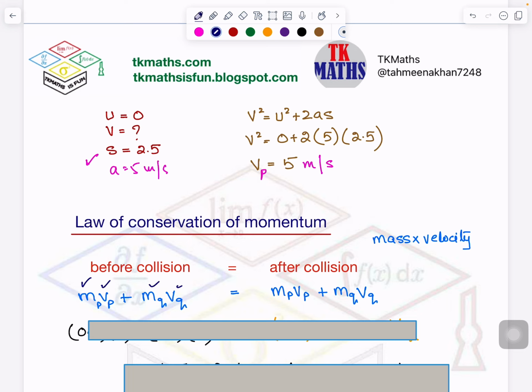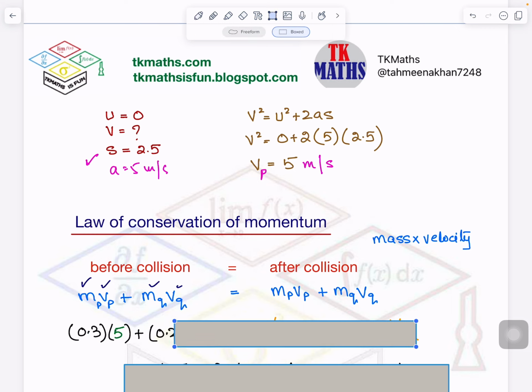So before collision, what are their velocities at that time? And mass is constant. You can notice here, for particle P, the mass is 0.3 and velocity was 5 meter per second. We have just found. And for particle Q, mass is 0.2 and velocity is 0 because it was at rest. And then what happened after the collision?